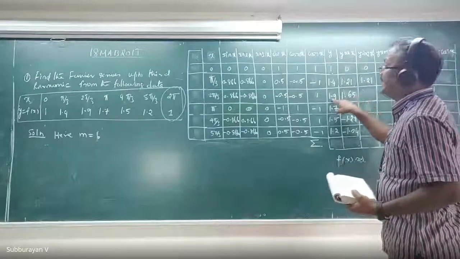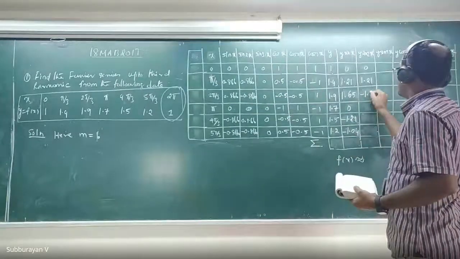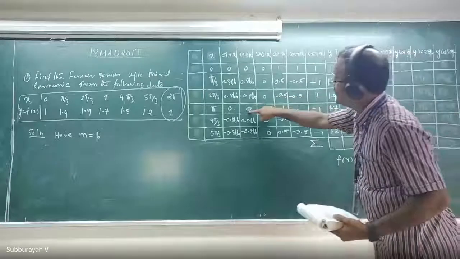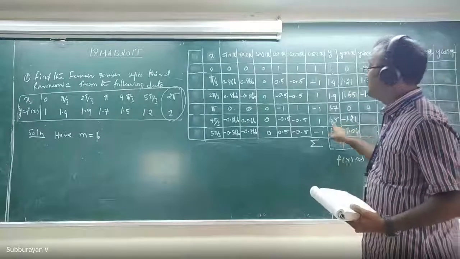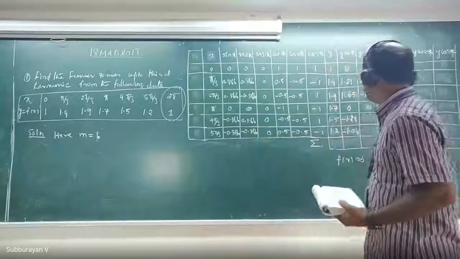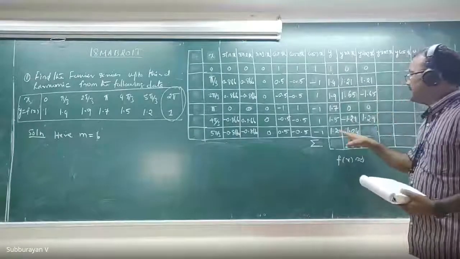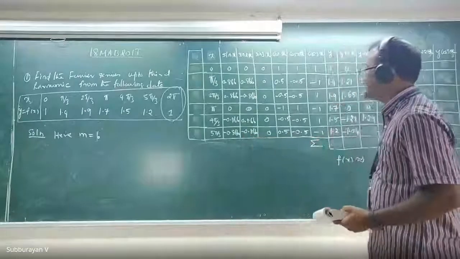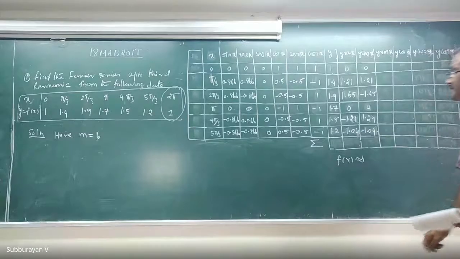And 1.9 into minus 0.866, so minus 1.65. 1.7 into 0 is 0. And 1.5 into 0.866, positive 1.29. And then 1.2 into minus 0.866, so minus 1.04.